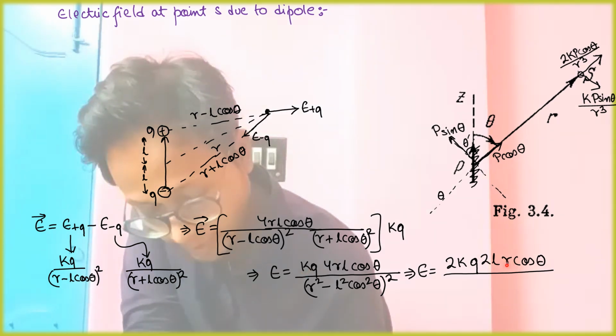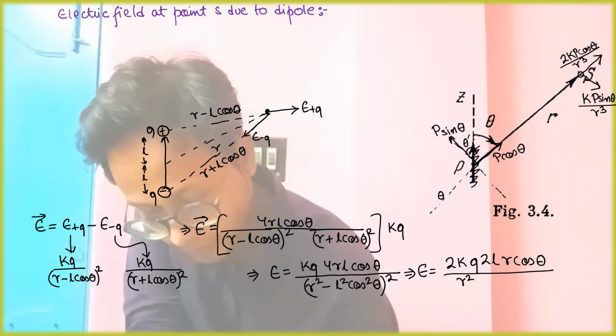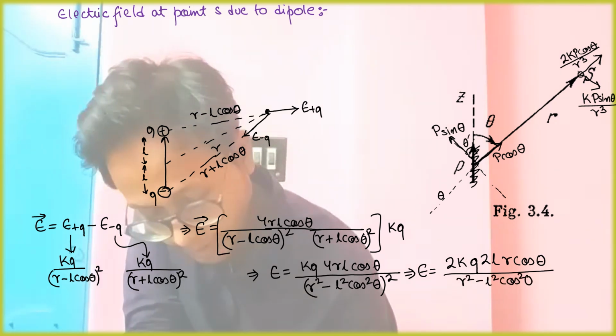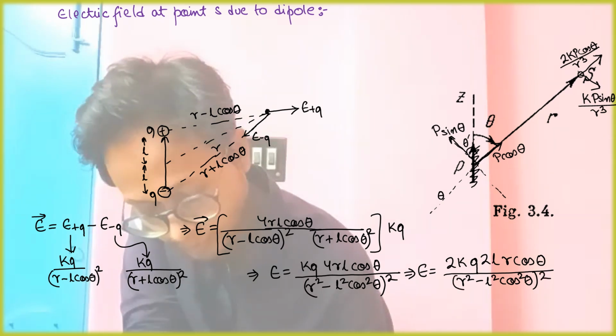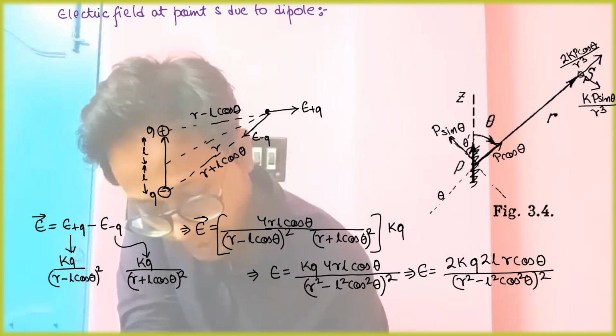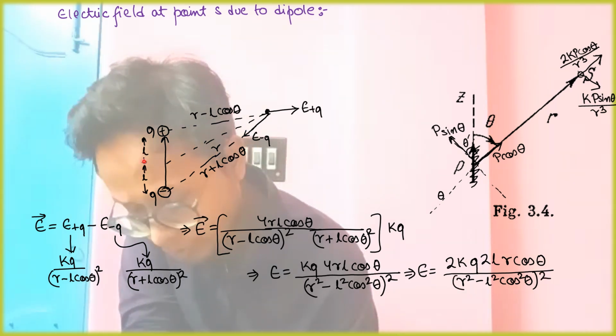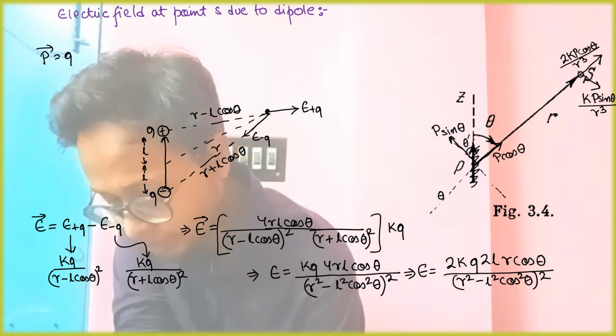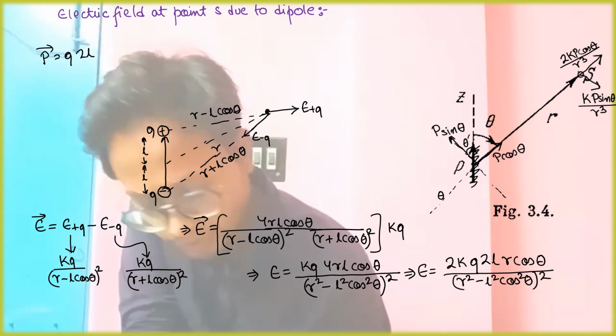KQ RL cos theta divided by R square minus L square cos square theta whole square. Now Q into 2L is nothing but dipole P. P out here was nothing but q into 2l, or charge into distance between the dipole.